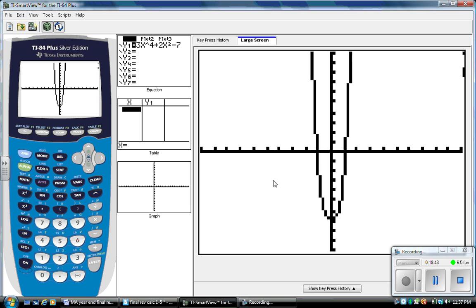This is reflected over the y-axis. It's symmetric over the y-axis. Since it looks the same on the left and the right of the y-axis, that is also a verification that it is an even function.